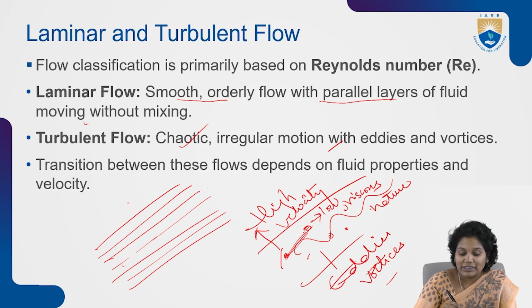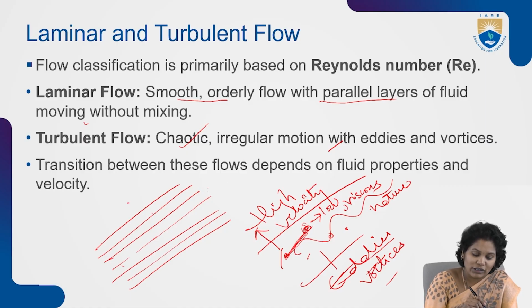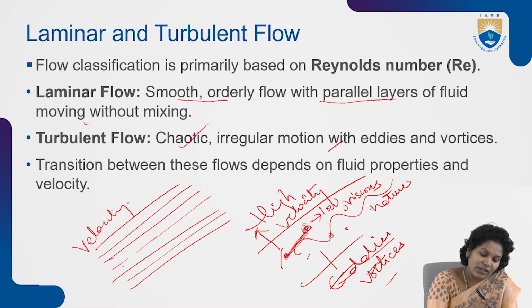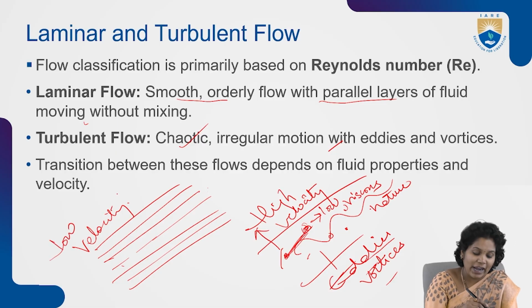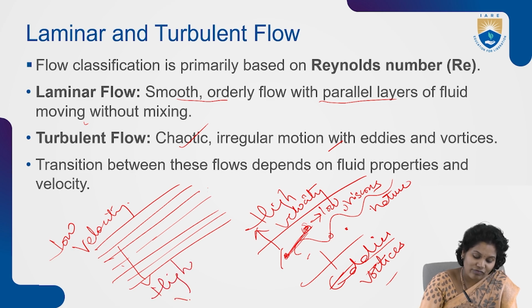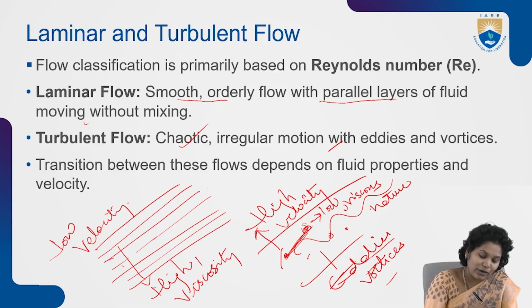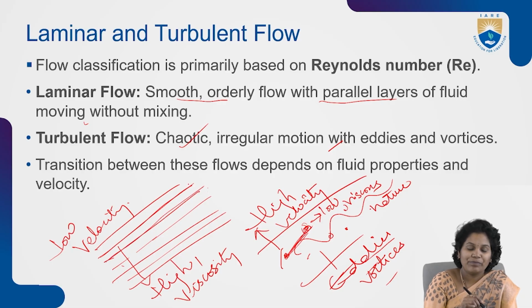Eddies means there is a vacuum or air in the flow, which we call eddies. So that is turbulent flow. In laminar flow, the velocity is low and the viscosity of the fluid is very high, so the particles move in definite, well-defined paths.